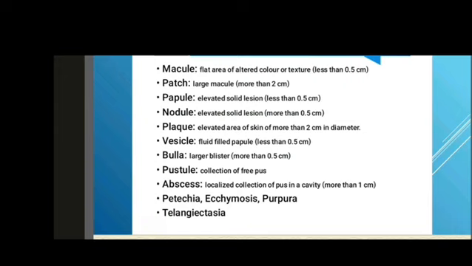Skin lesions can be classified in general as primary and secondary, but primary skin lesions can be further classified as vascular and non-vascular. Petechiae, ecchymosis, purpura, and telangiectasia are a group of primary skin lesions which are vascular types. In physical examination, they can be differentiated by whether they are blanchable or non-blanchable. These vascular types are non-blanchable.